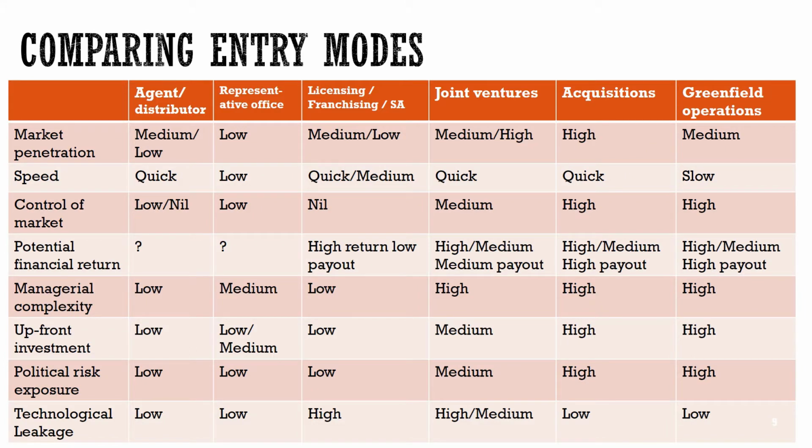This table compares the alternative entry modes in several aspects: market penetration, speed, control of the market, and so on. The best choice in each particular country would be that matching the objectives and resources of the company in relation to the expected role of the country within the portfolio of countries. But again, we have to consider the particular moment of the industry life cycle.